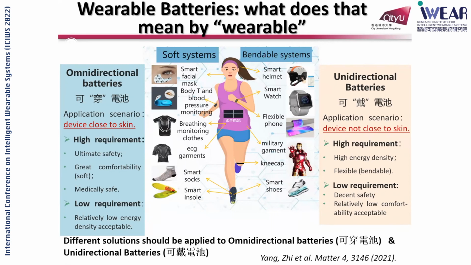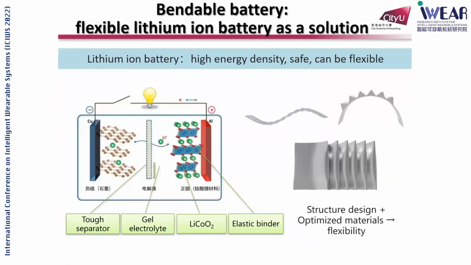So at least we can have these two types of batteries for different application scenarios. If you analyze our current battery technologies, for bendable batteries, I mean unidirectional batteries, lithium batteries will probably be the ultimate solution. If you go into lithium-ion batteries, you will see that different systems have been developed.